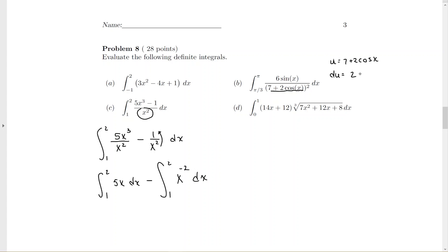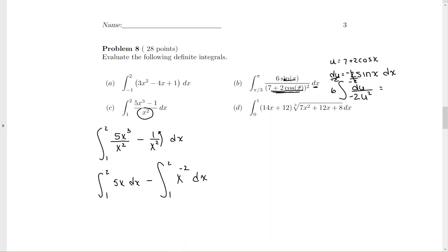Derivative of cosine is minus sine x dx, which is kind of cool because I have a sine x dx here, and if I let this get substituted out, I can pull the 6 out in front. I'm going to divide here by -2 so that I've got the du over -2 is sine x dx. So du over -2. And then on the bottom here is also u squared.